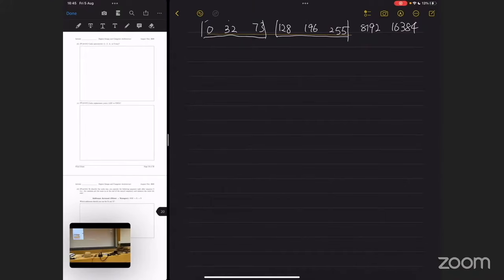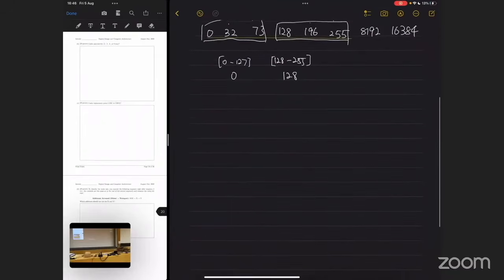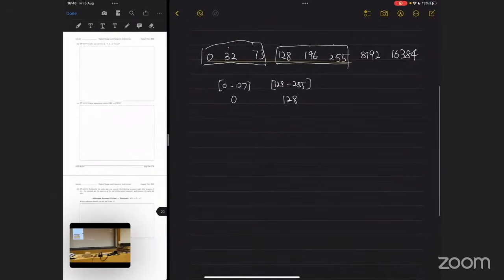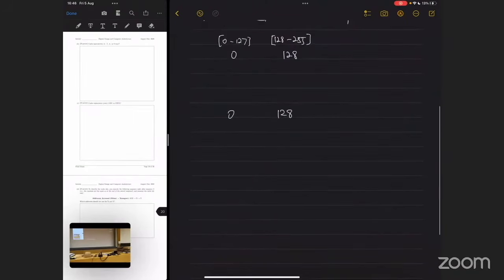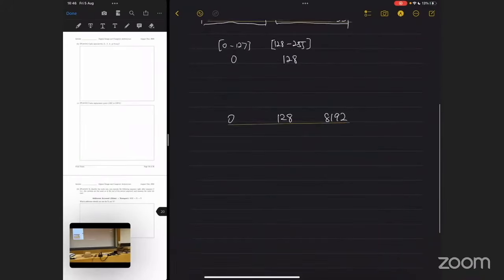If I write 0, this means bytes 0 to 127, in this cache block. If I write 128, then it's byte 128 to 255. We will be using this notation for simplicity. So at the end of the first sequence, as we can see from our results for the first question, we would have cache line 0, cache line 128, 8K, and 16K.